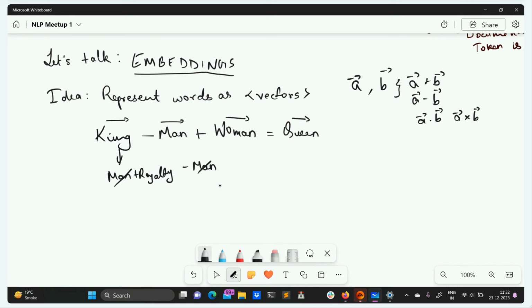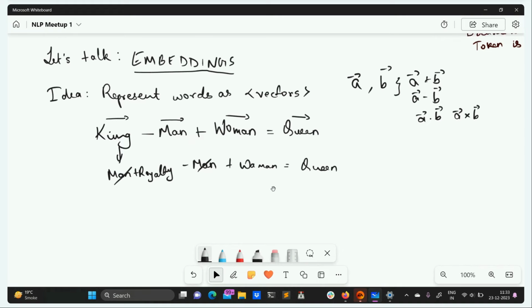So man and man gets cancelled, and royalty plus woman gives queen. I would like to do this kind of arithmetic with my words, because this is allowing me the freedom of creating meanings, extracting meanings from words, and then creating relations between words, right? So how does that happen?